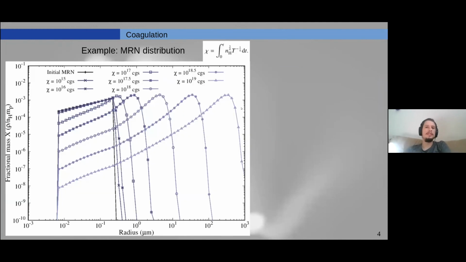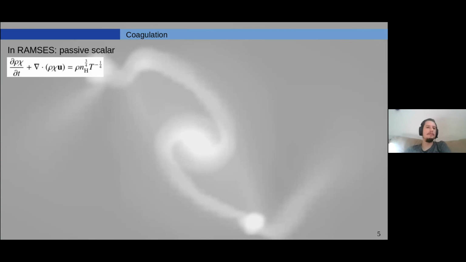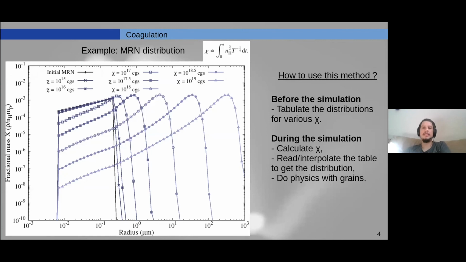But then if you multiply it by rho, it just makes it a passive scalar, and it actually works very well. Because the derivative of chi with respect to time is a Lagrangian derivative, and from that you can calculate the Eulerian variations.